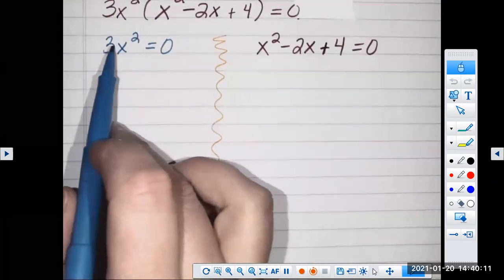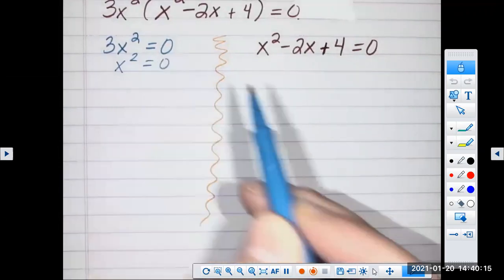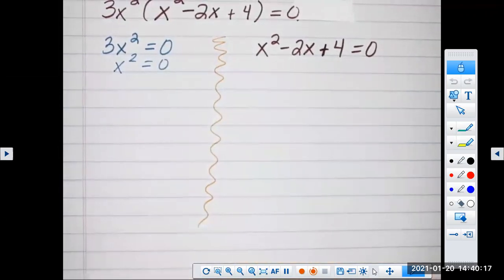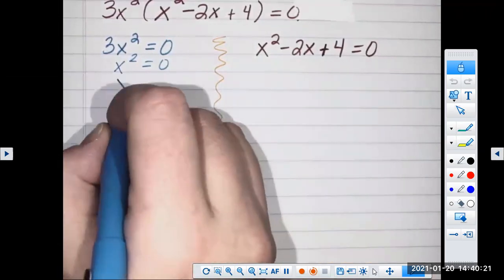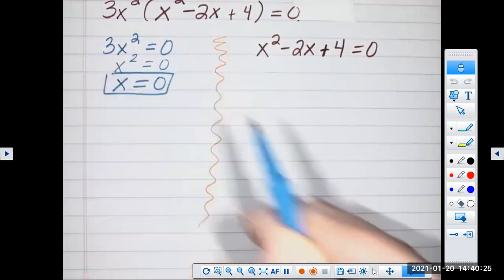Okay, if we solve this for x, divide by 3, you get x squared equals 0. So x is what? Good. X is 0. So there's one of our answers.